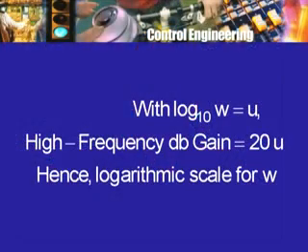Now, when you plot log to the base 10 of omega rather than omega, this is said to be plotting omega on a logarithmic scale. This is something which you may have studied, but it does not matter if you have not studied it. We will look at what it means. What it means is that I am going to show log to the base 10 of omega on an ordinary, therefore linear or uniform scale.